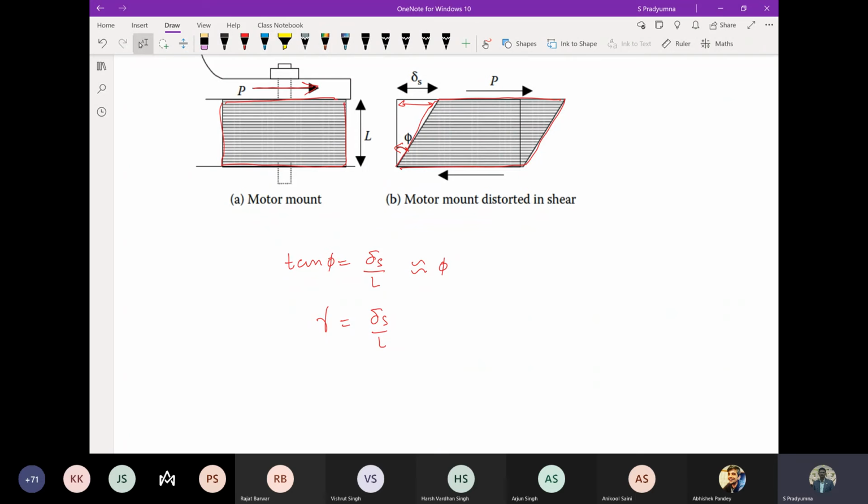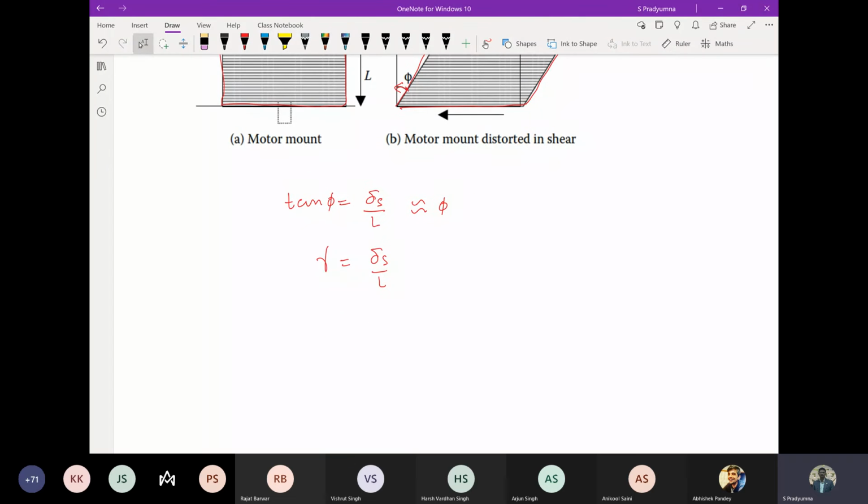So there are different aspects of shear strain. We can also discuss that. Let me put another figure here.